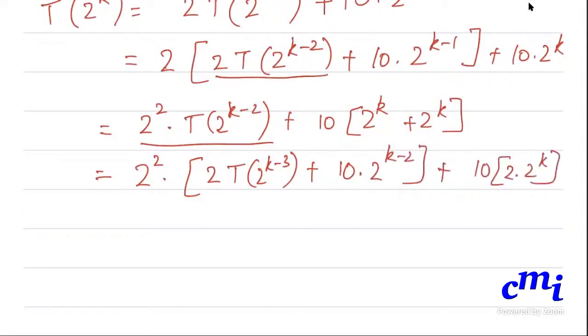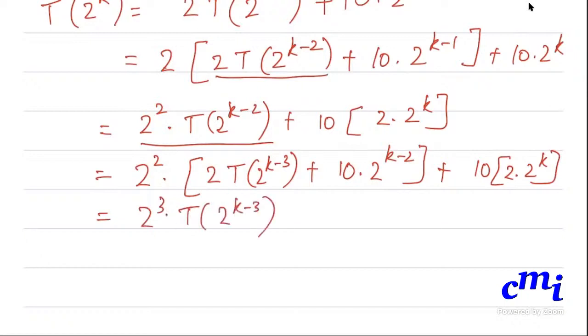So now what will this become? Now this is 2 cubed into T(2^(k-3)) plus 2 squared into 2^(k-2), which is 2^k again. 10 into 2^k plus 10 into 2 into 2^k, which is 10 into 3 into 2^k. Okay, this is what you have.